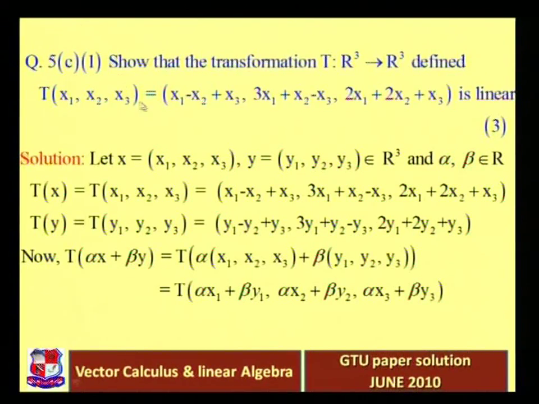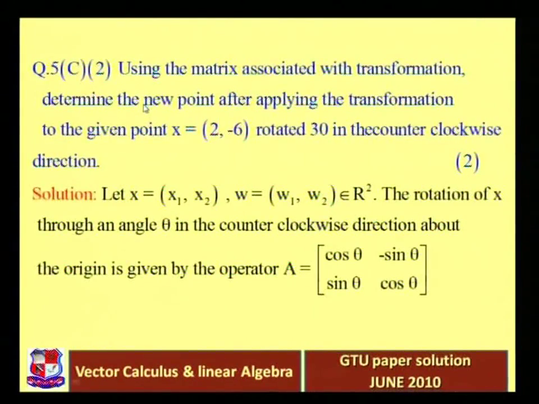Next question, question 5C, second part. Using the matrix associated with the transformation, determine the new point after applying the transformation to the given point x equal to 2, minus 6.